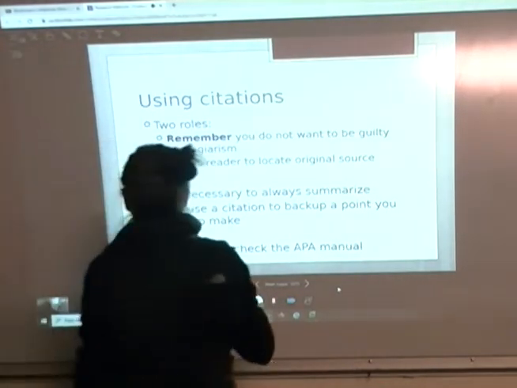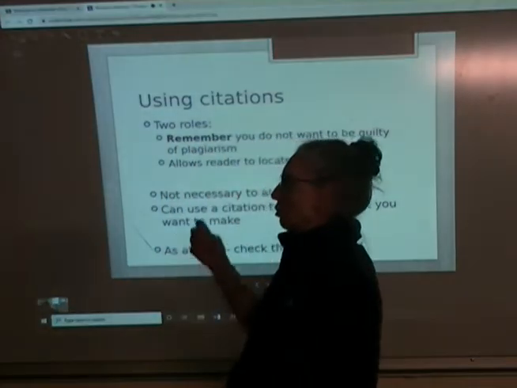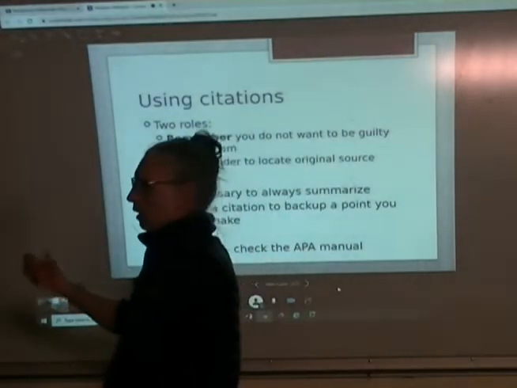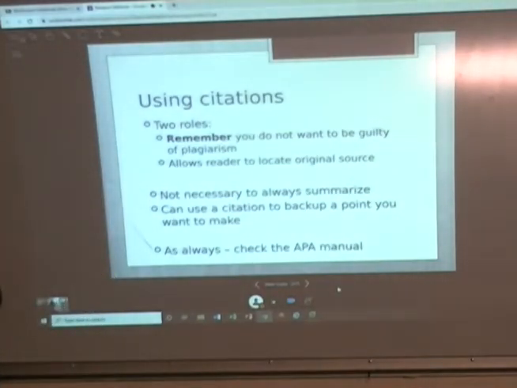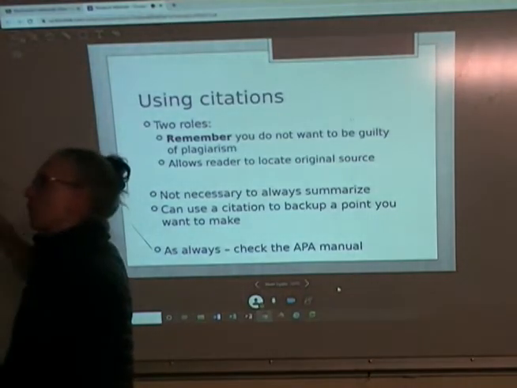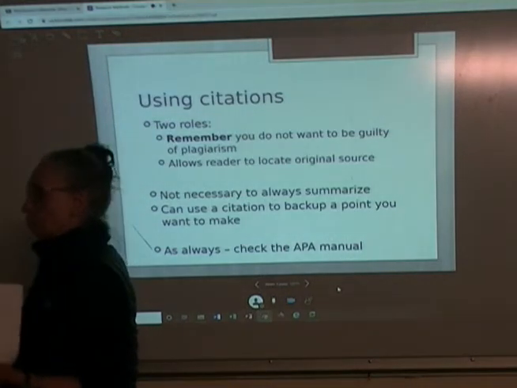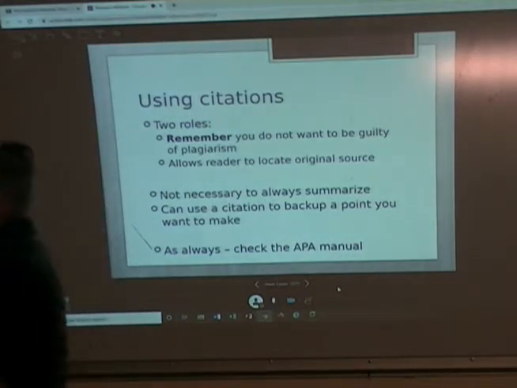All right, so we don't want to say something in the paper that we learned somewhere else, and then not give the other resource the kudos for that piece of information.